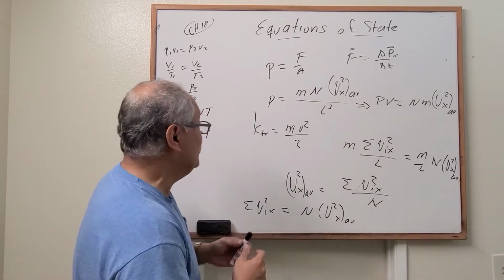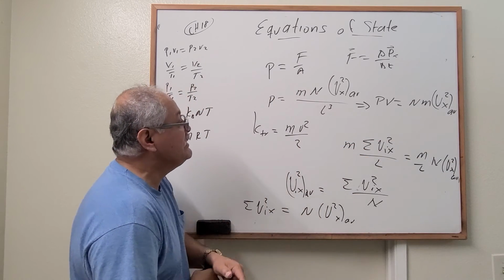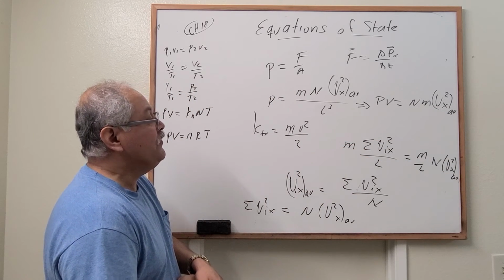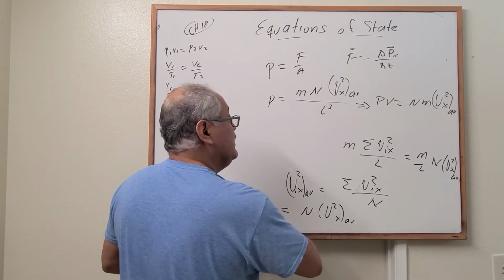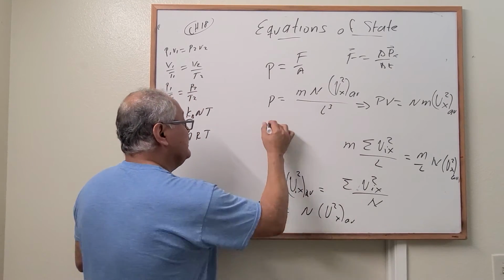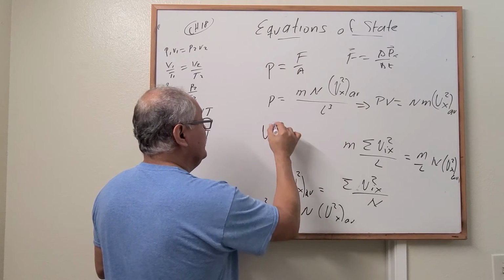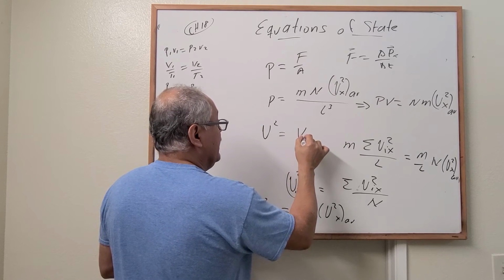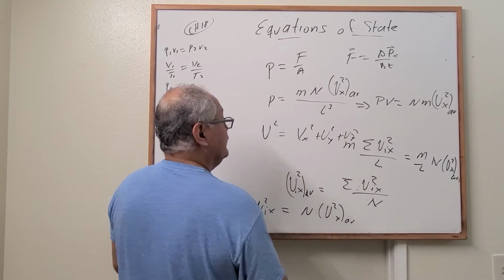Let's do it. But look, this is in the x direction. Let's see what happens to find the net velocity. Remember, when we're dealing in 3D, we found that v squared is equal to vx squared plus vy squared plus vz squared.